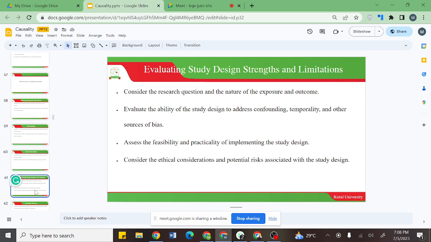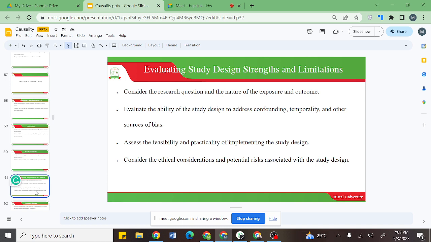But regardless of the type of study that we are going to use to investigate the exposure and the health outcome, there could always be issues to do with biases or with weaknesses, or there are things that might not have been done correctly. So you need to evaluate the findings from these different study designs.